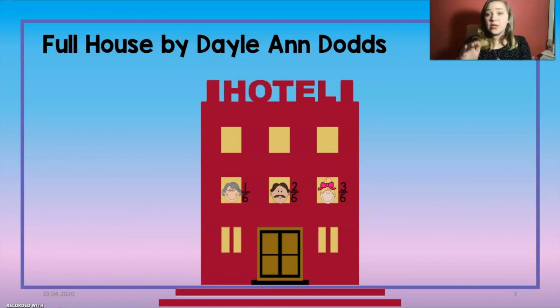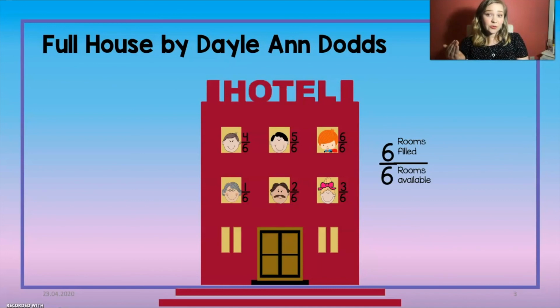Someone else, 3 of 6 rooms are taken. Someone else, 4 of 6, and so on, until the whole hotel is full when 6 guests are at the hotel. 6 rooms are full out of 6 available rooms.